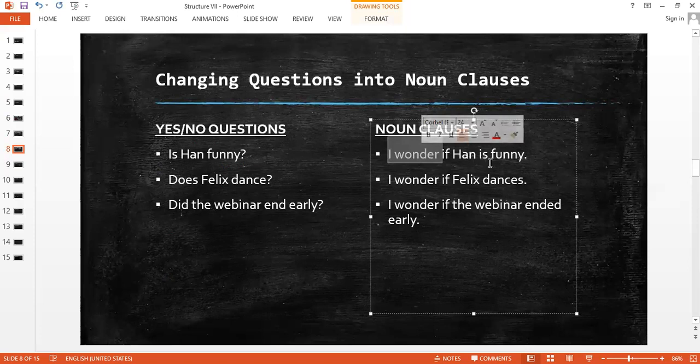So here is the pattern change. "Is Han funny?" is a yes/no question, but we cannot say "I wonder is Han funny," because when it is a noun clause, we cannot use the same order as a yes/no question.